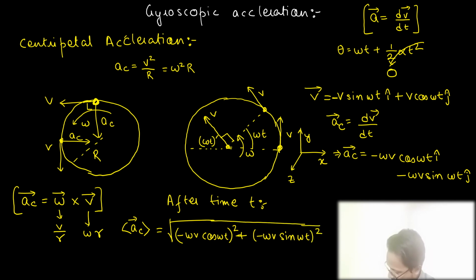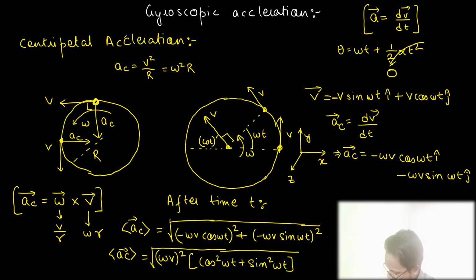If you take omega v common, you get omega v under root of cos square omega t plus sin square omega t.